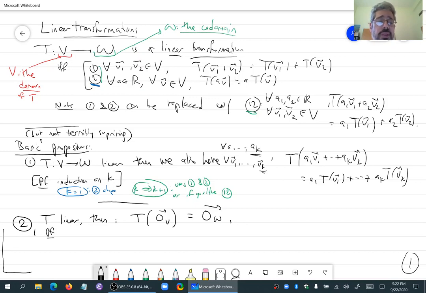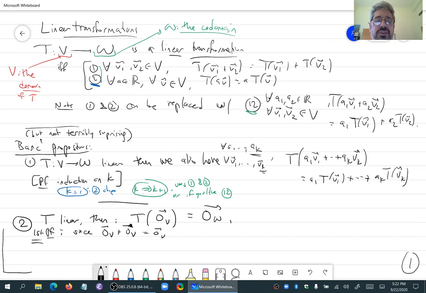There are two proofs. Here's the first proof. Since 0V plus 0V equals 0V, I'm emphasizing the difference between the 0 vector in V and the 0 vector in W, just so that you keep it straight.